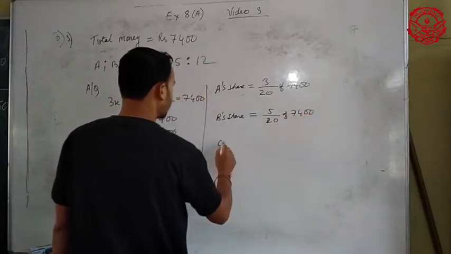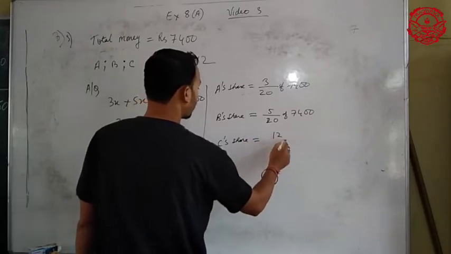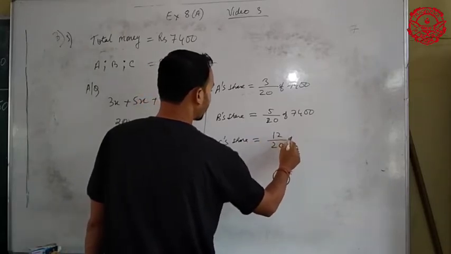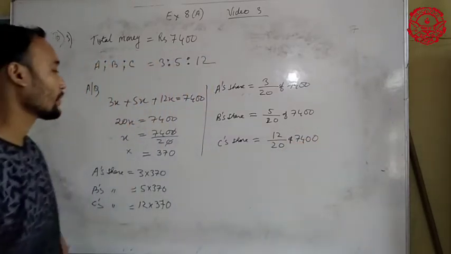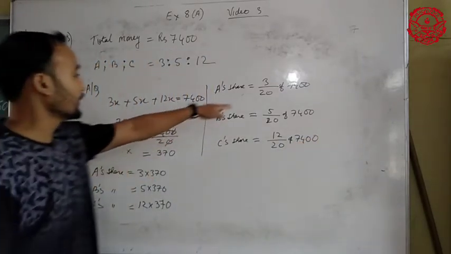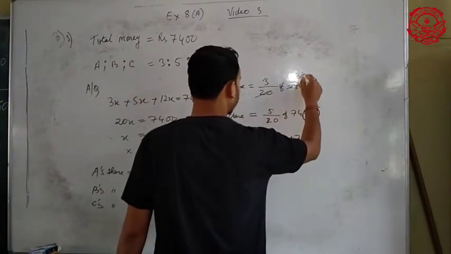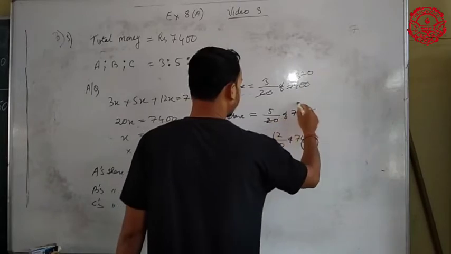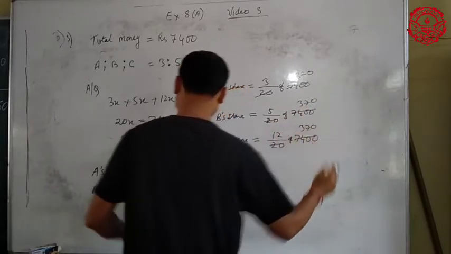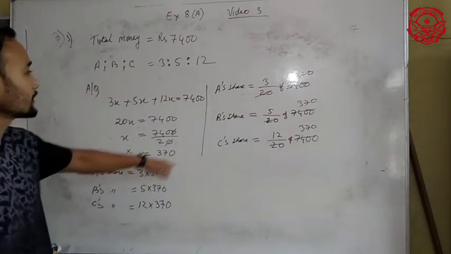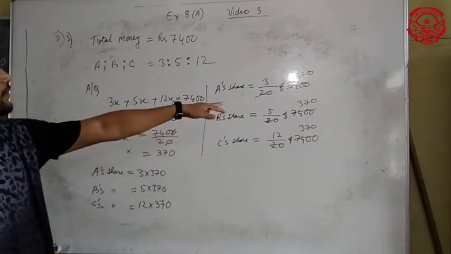If we divide 7400 by 20, we get 370. A gets 3 into 370, B gets 5 into 370 in both methods.